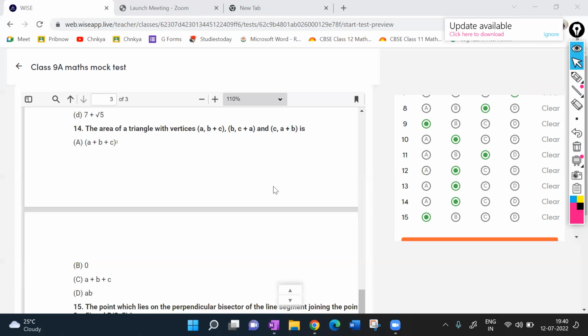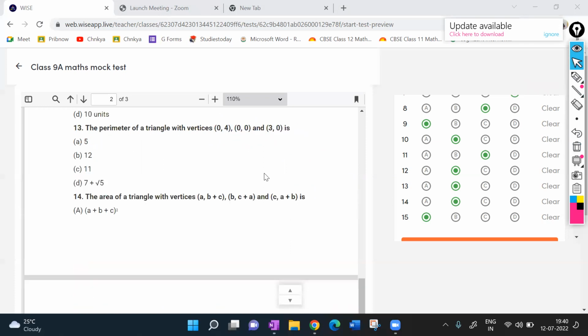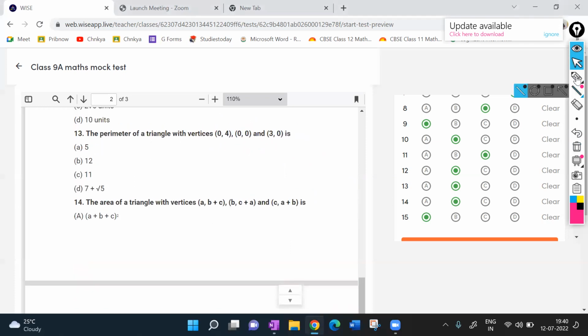Yes, even you can solve that by this method as well.